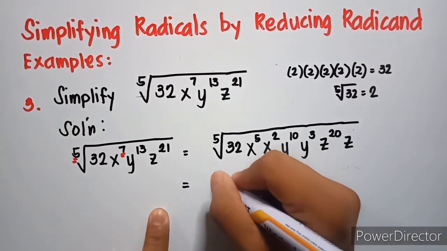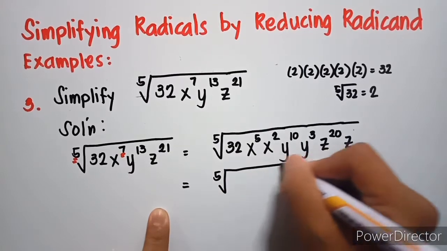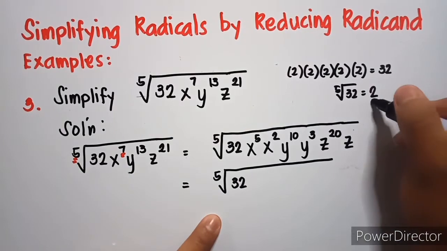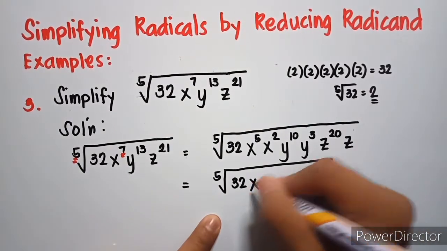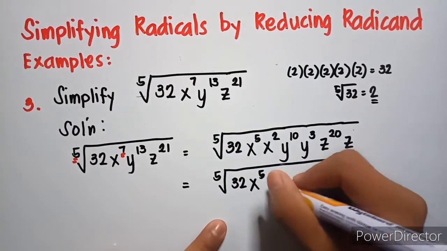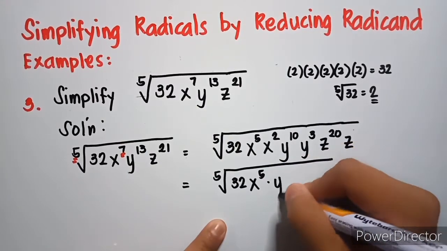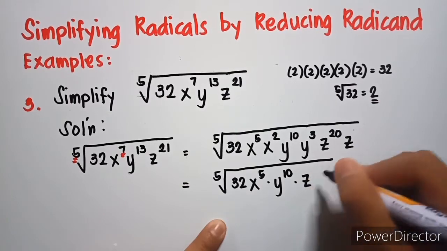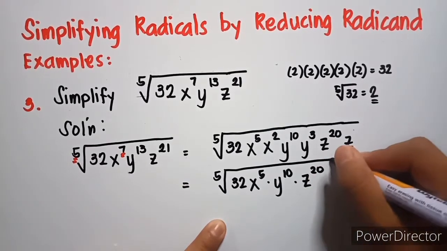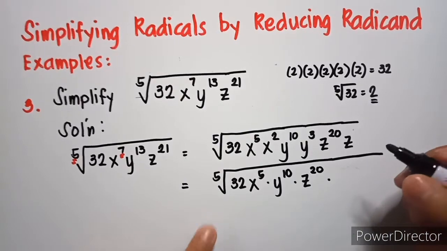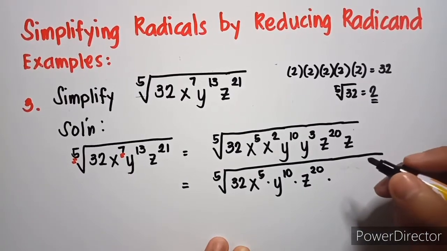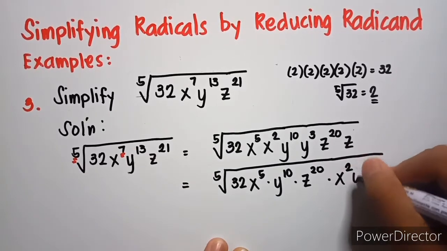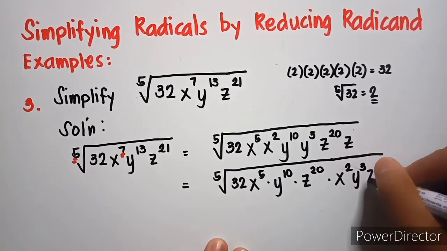So we have the fifth root of 32, because it is a perfect fifth number, which is 2, then x raised to 5 times y raised to 10 times z raised to 20, times the ones that are not multiples: x squared, y cubed, z.